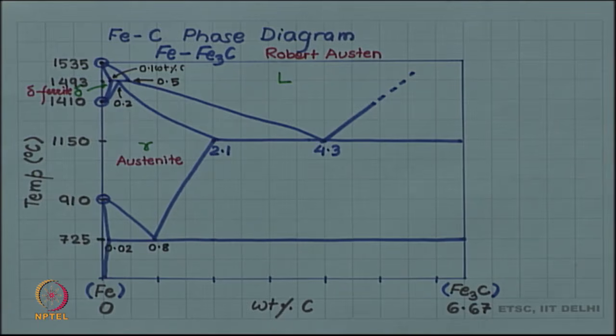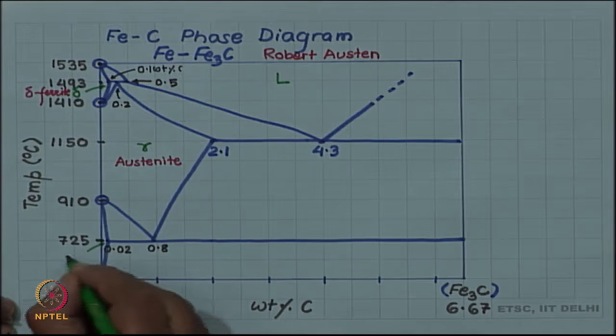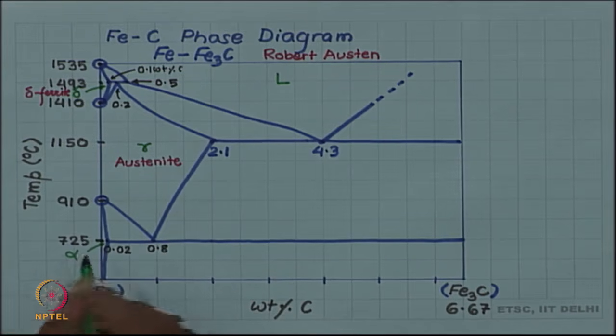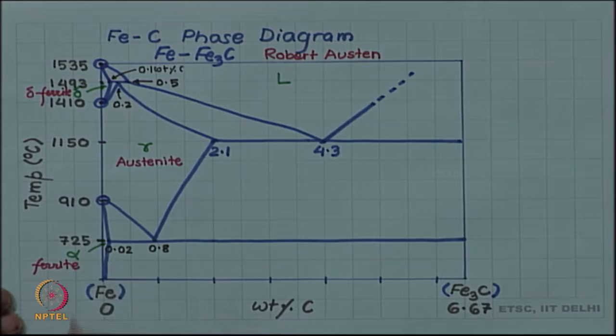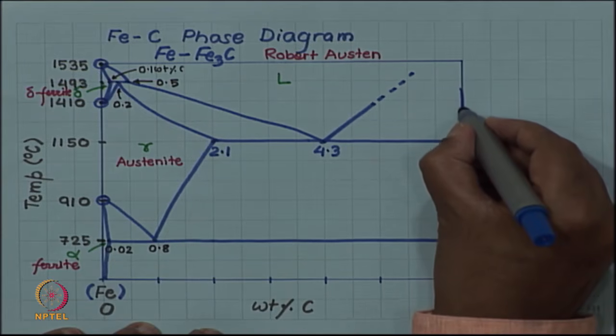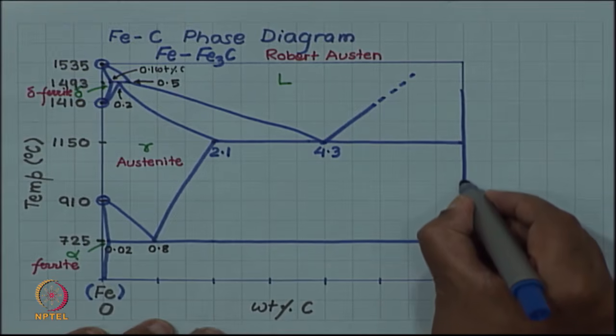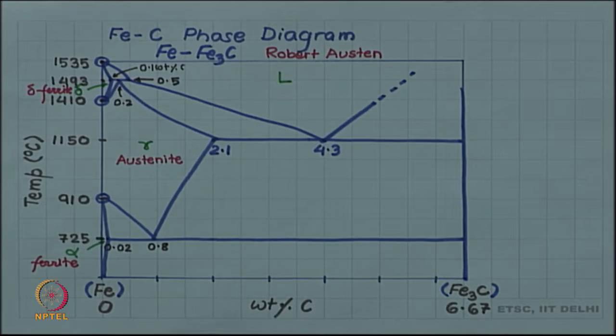And then again you have a small triangular region here, this is called alpha, and its name is simply ferrite. And the vertical line here itself is a single phase region, only since it is a compound it exists at a fixed composition.